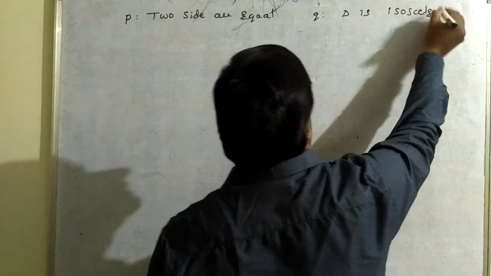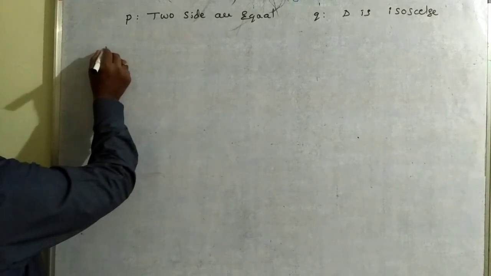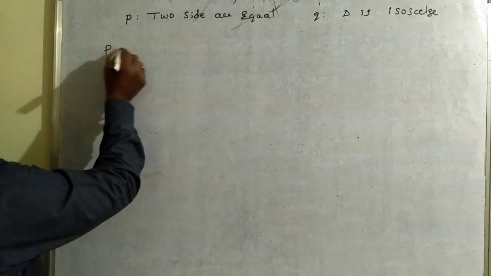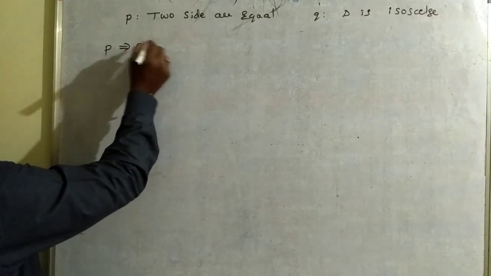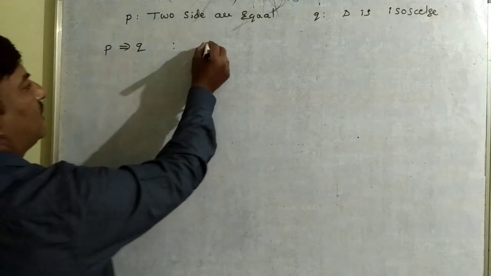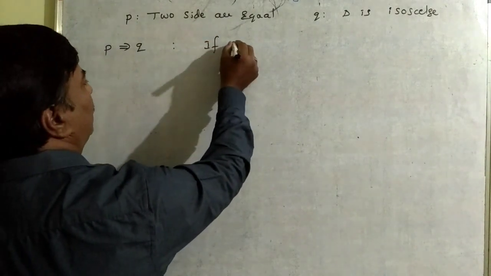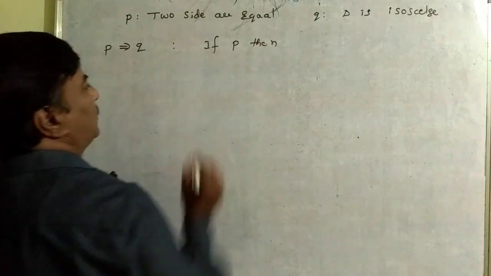The triangle is isosceles is the Q statement. Now the implication upon this, we can write P implies Q. P implies Q means if P, then Q happens.